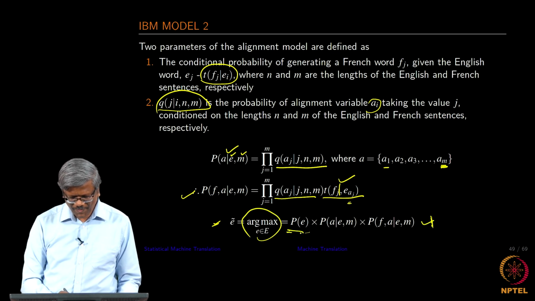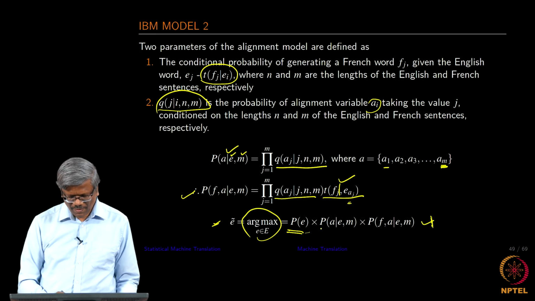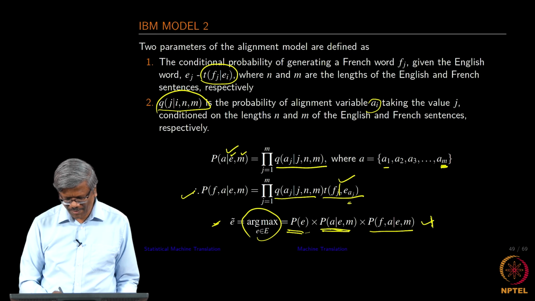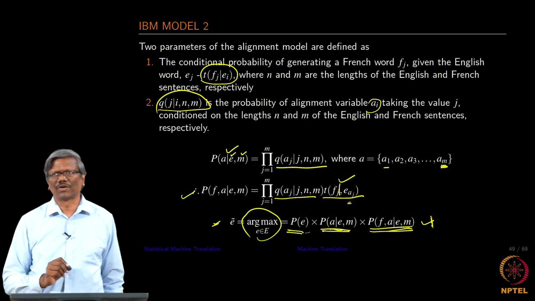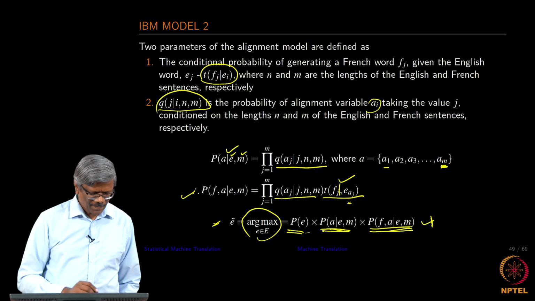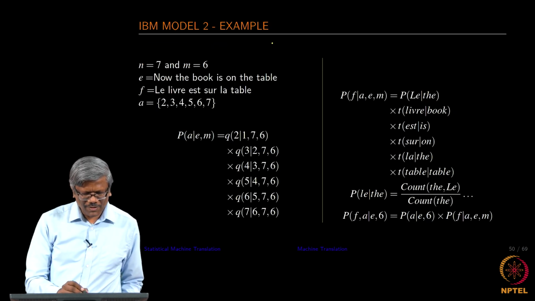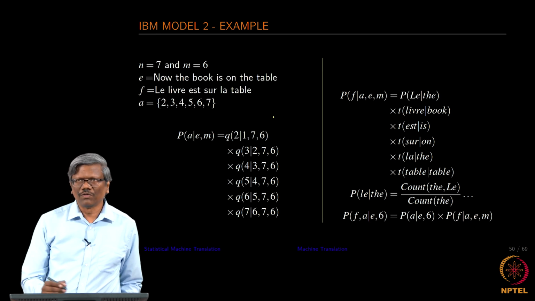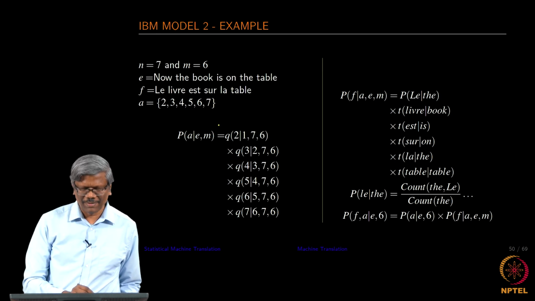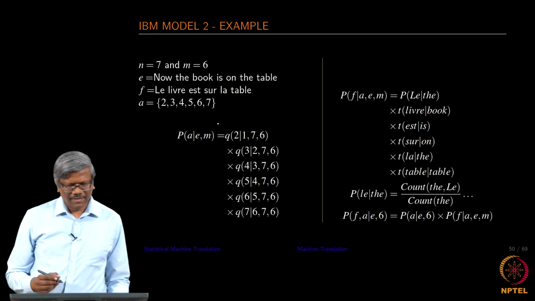So, we have the language model, we have the alignment model and we have the translation model in this case. Right. Okay. As in the previous case, we will try to use an example to show how these alignment parameters can be computed and then move on from there.